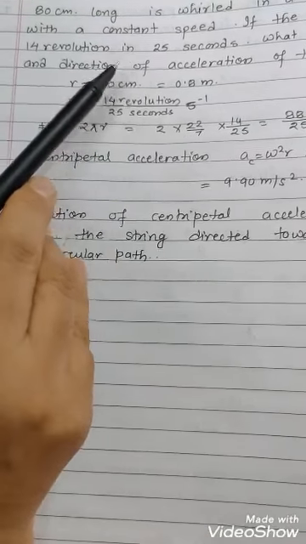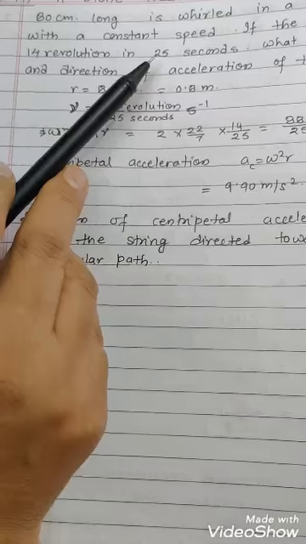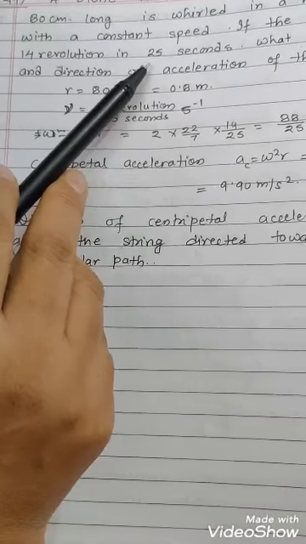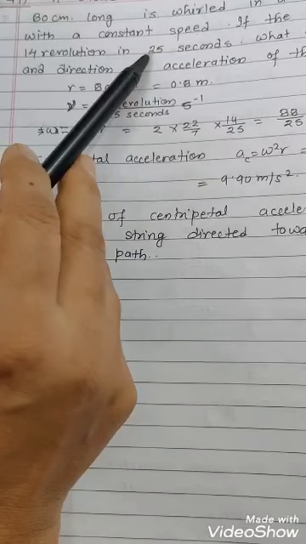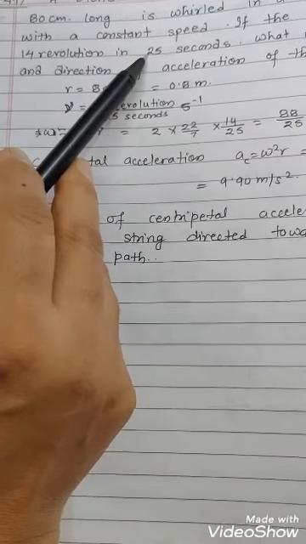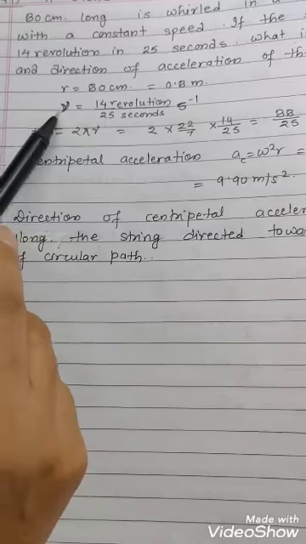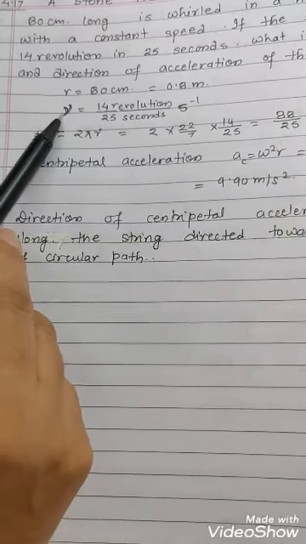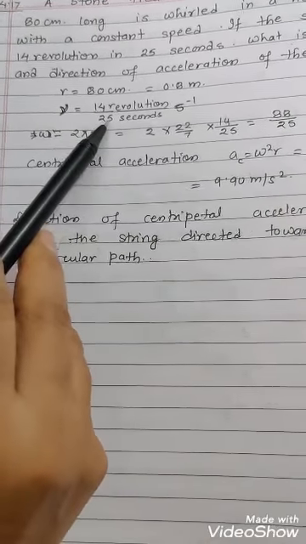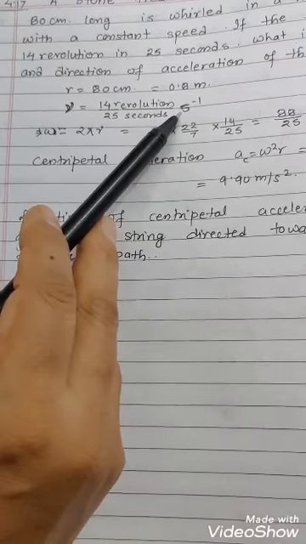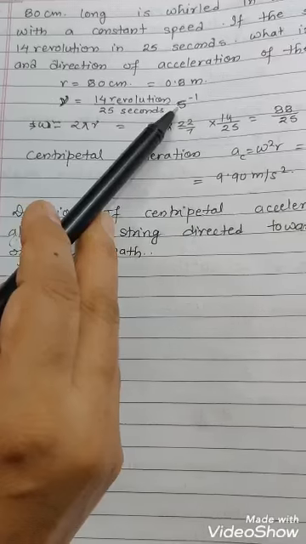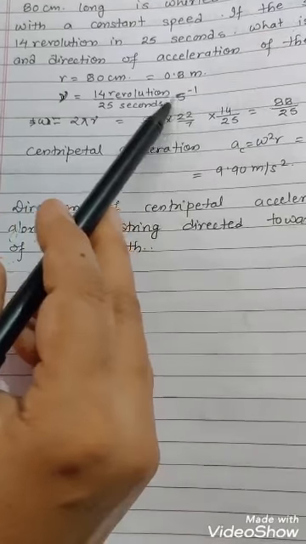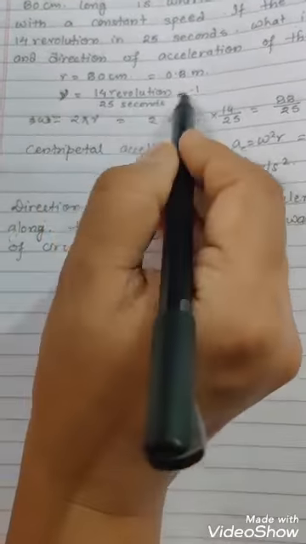So we can say how many revolutions would be there in 1 second. To calculate this, we will divide 14 upon 25. So it will give the number of revolutions in 1 second, and that will be equal to frequency nu. So 14 upon 25, and the unit is per second, so whatever value comes, it will come in per second.